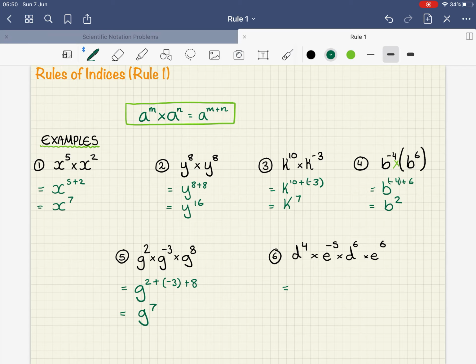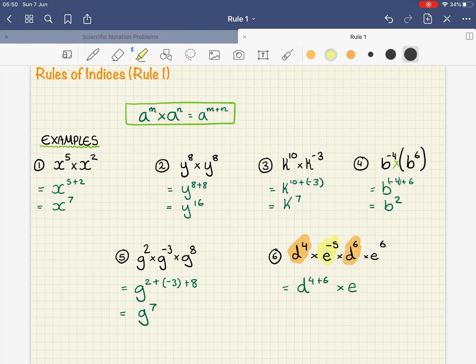And then last one, here I've got 2 different letters. So essentially I'm going to be working with a d and figuring out what the power is, and my e and figuring out what that power is going to be. So let's just focus on our d first. So I've got d to the power 4 and d to the power 6. So that's going to be 4 plus 6.